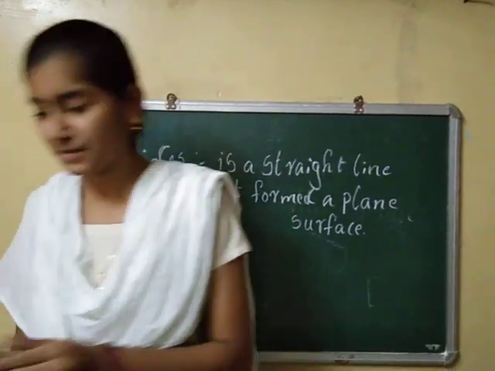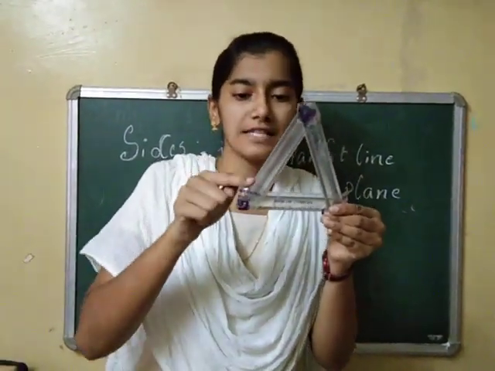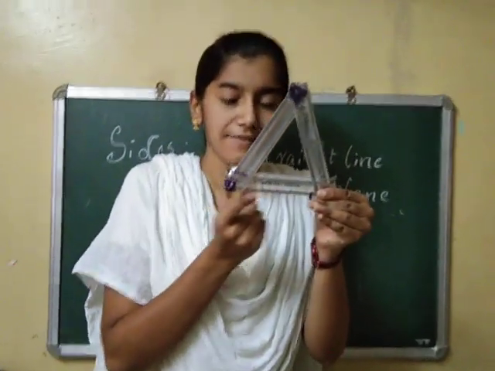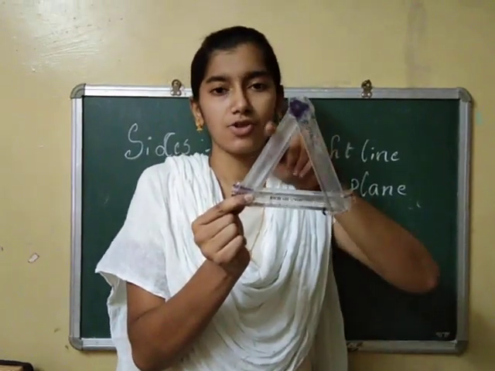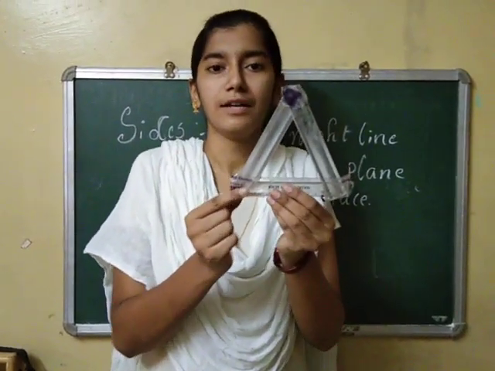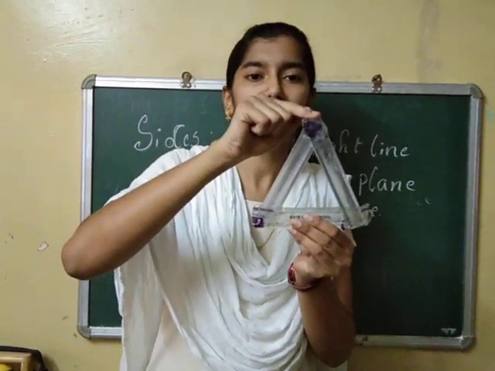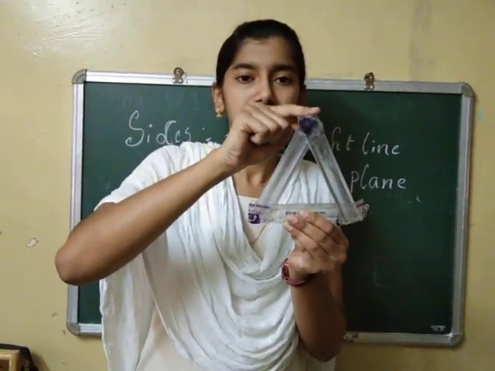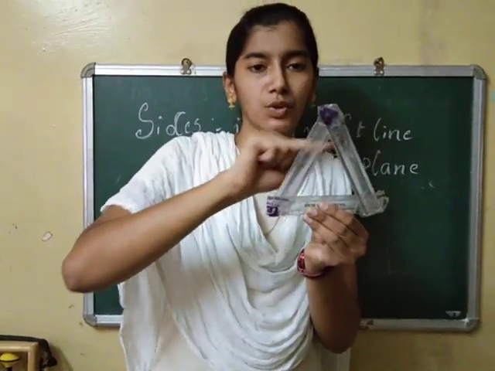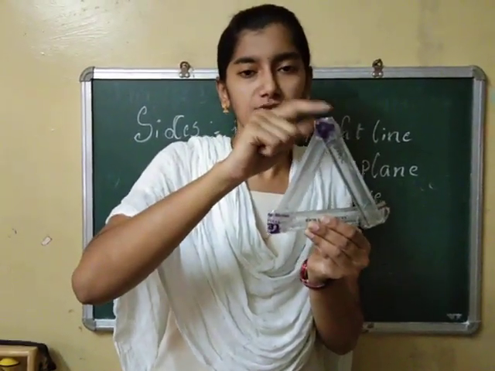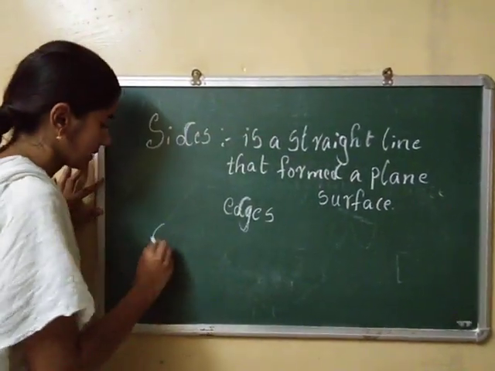Here we have a straight line, so we will call it sides or edges. And one more thing, the point where two lines meet is known as corners.